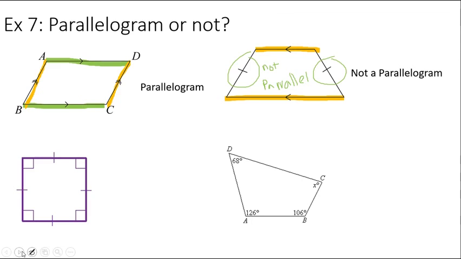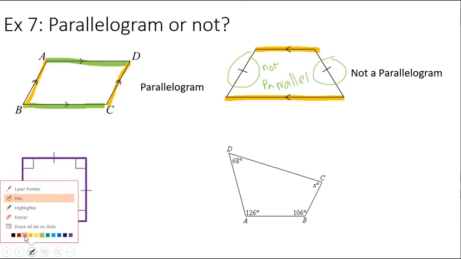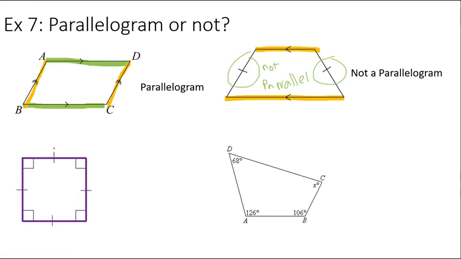Okay, if we look at the next shape over here, you see that all the sides here are congruent to each other. So when they're congruent to each other, these are parallel, and same thing with these.